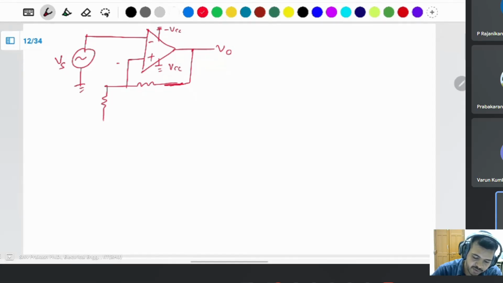You can say this one minus VCC or plus VCC, anything. If you take this one as minus VCC, this one is plus VCC. This one will be negative, this one positive, just for reference only. This voltage is the reference voltage.